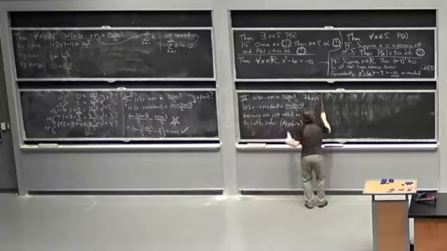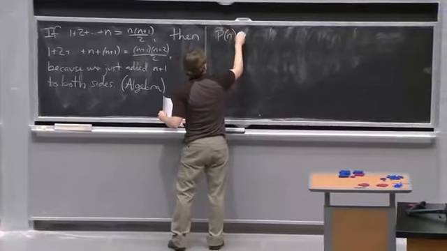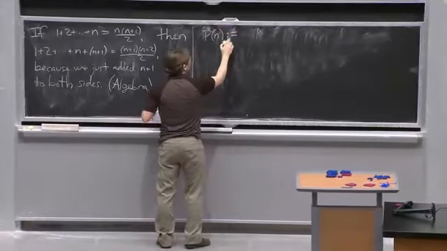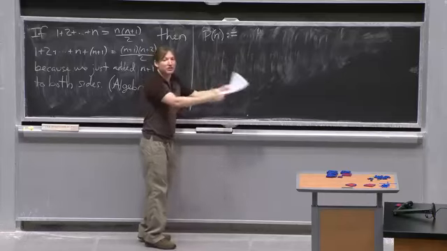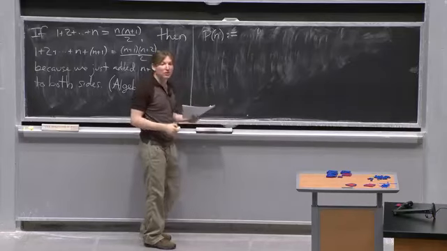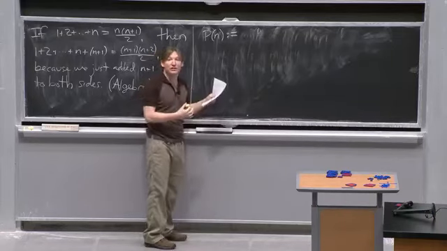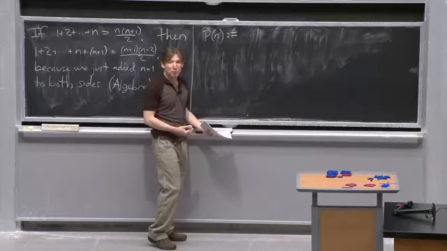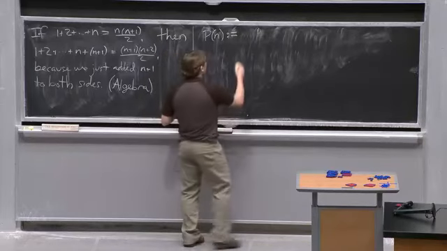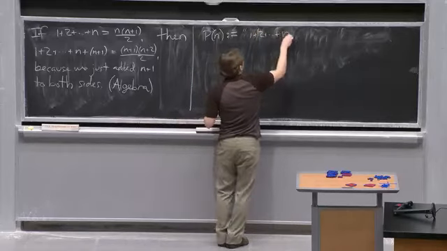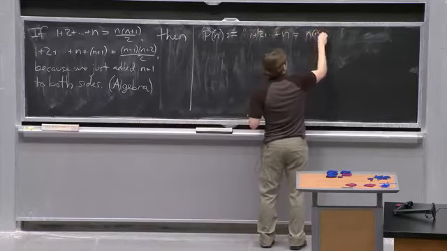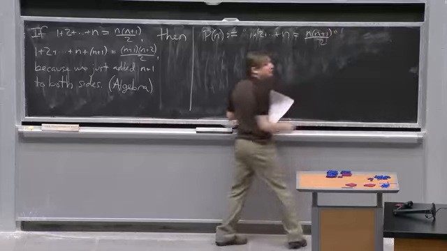Yeah? Cool. So let's put some notation to this. I'm going to say that P of n is the statement. By the way, this colon equals is a way that we'll commonly say P of n is defined to be this thing. So not only is it equal to this, but this line right here is the definition of P of n. So let's define P of n to be the statement that 1 plus 2 plus up to n equals n times n plus 1 over 2.